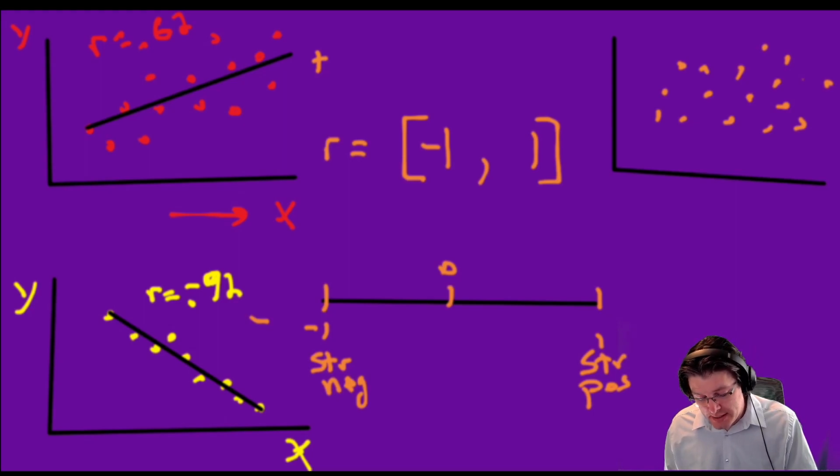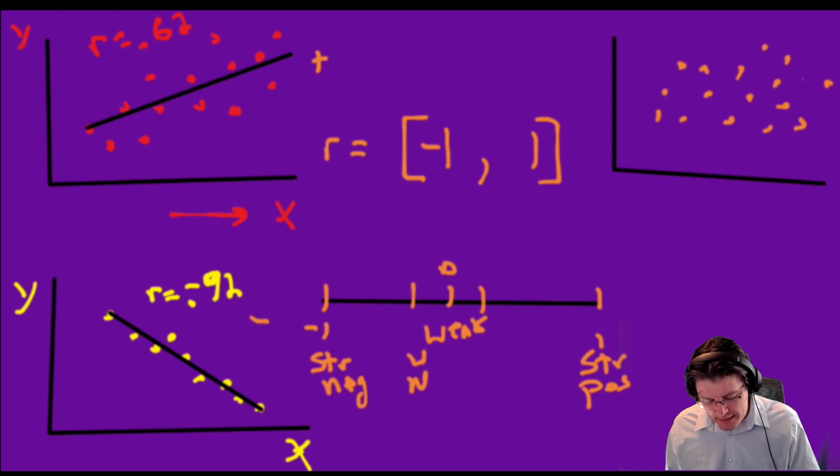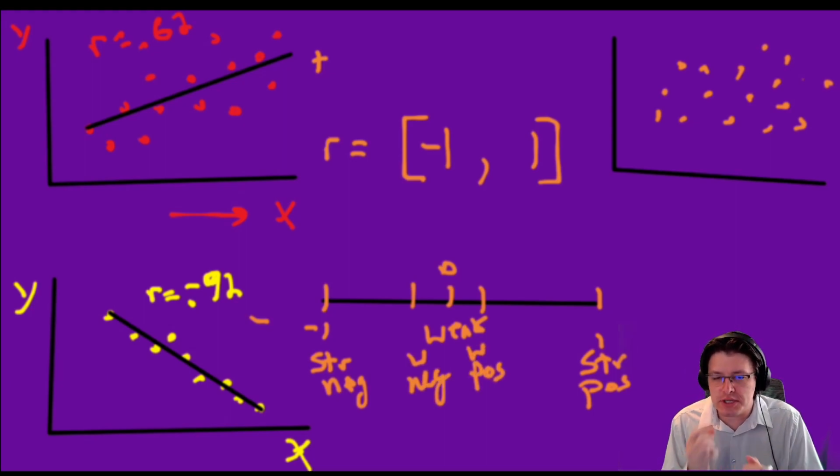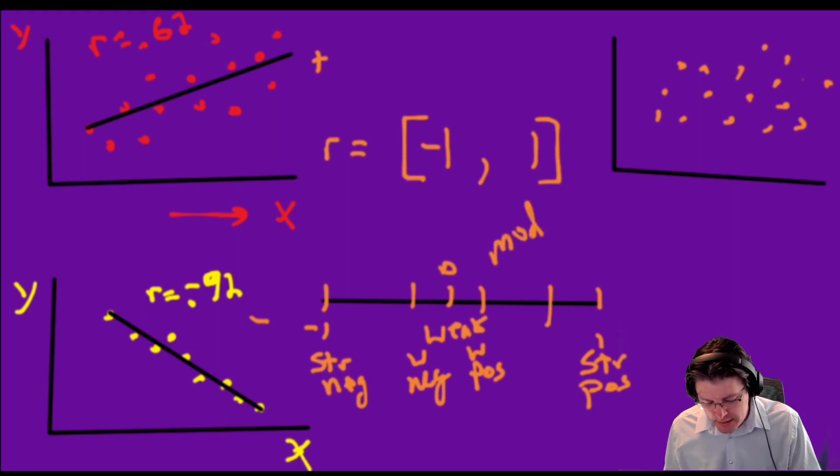We typically talk about values that are close to 0 as being weak. So there'd be a weak negative and a weak positive. Between those, we have a middle ground that we often call moderately positive, and there'd be a moderately negative.